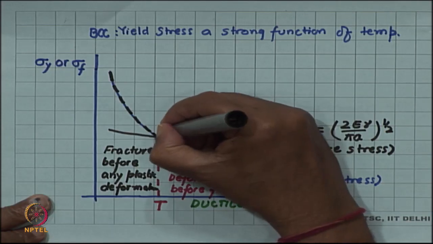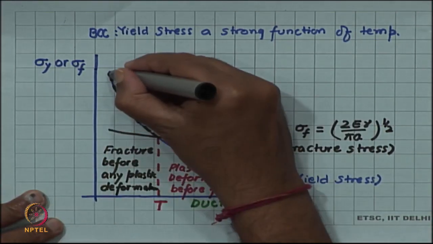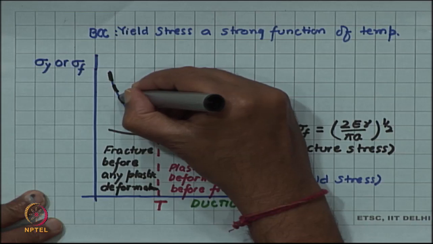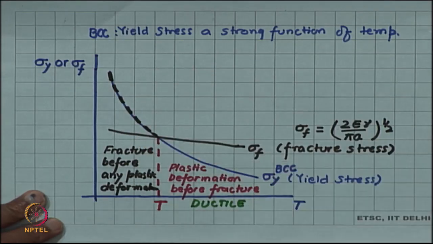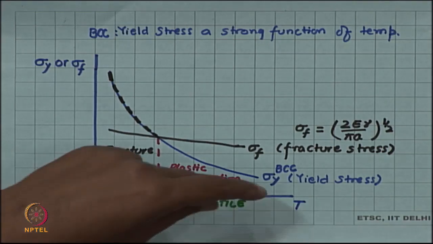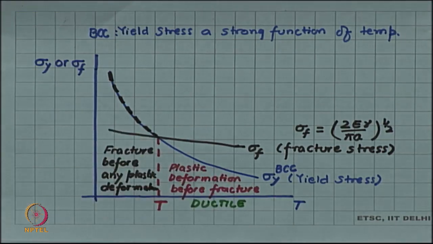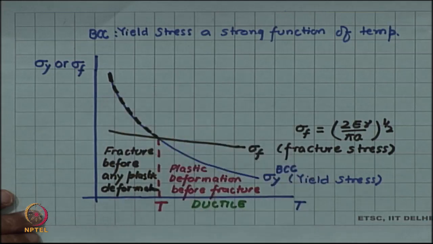So, this is either theoretically estimated or just an extension of the curve below this temperature. That is why I am trying to make it dashed. So, this is not accessible.